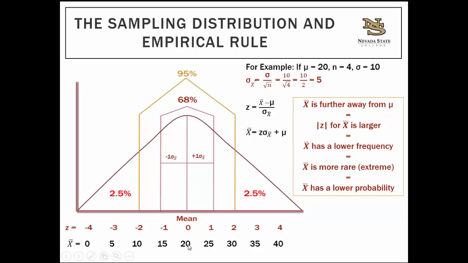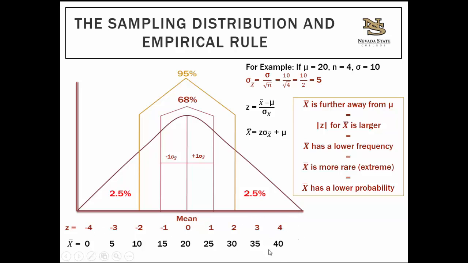And as your sample mean gets further away from the population mean and the absolute value of the z-score increases, you also have a lower frequency associated with those sample means, which corresponds to a more rare sample mean that has a lower probability. So as you move out away from the population mean, the absolute value of your z-scores increases and your probabilities decrease.